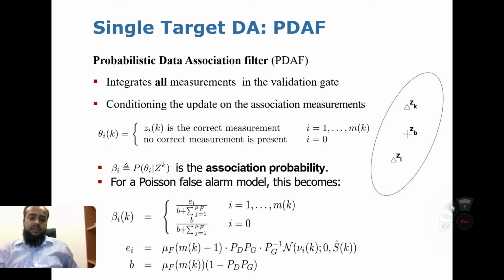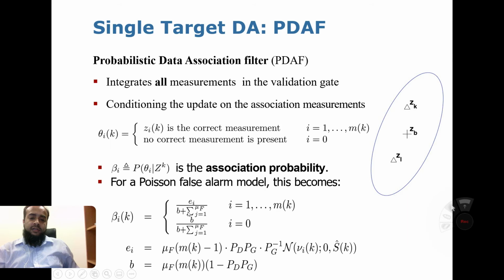There is an empty set, and there is no validation gate because none of the measurements satisfy the threshold. So the beta_ki becomes 0, like in this equation. For a Poisson false alarm model, the association probability becomes this one.